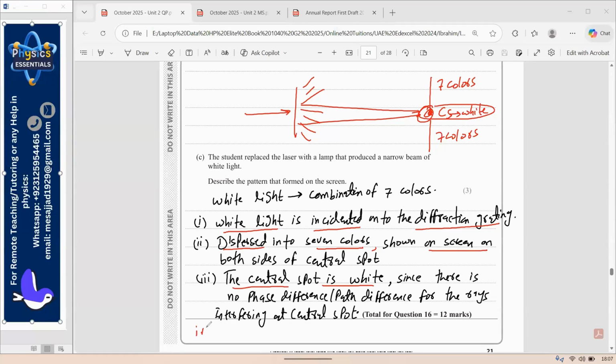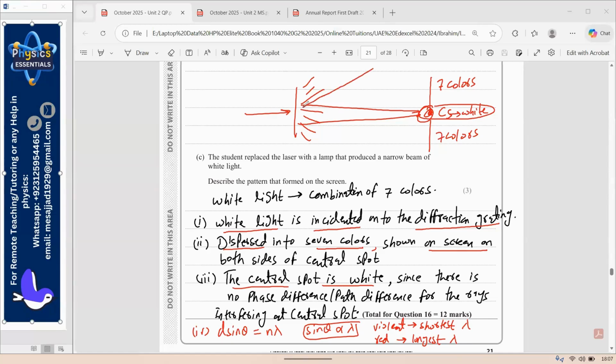However, you know that d sine theta is equals to n lambda, so that shows that the angle of diffraction, which is sine theta, is directly proportional to the wavelength. Okay, so violet has the shortest wavelength, and the red has the longest wavelength. Okay, so what does that mean? It means that the angle of deflection for the red color will be the highest.